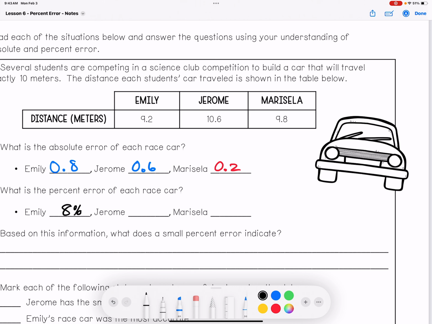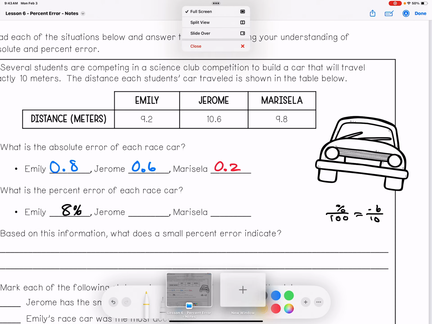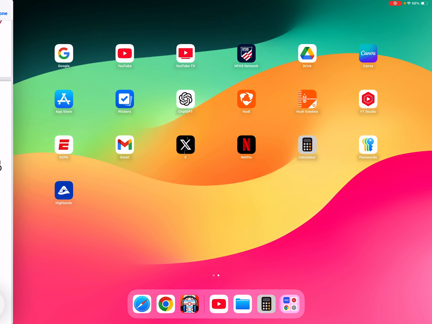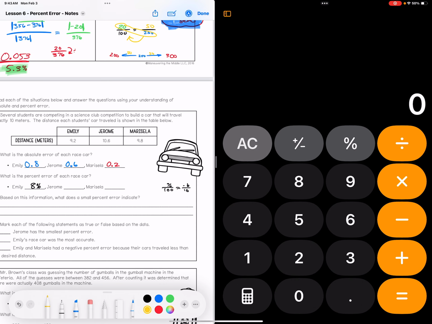The next one, you would have done the same thing. 0.6 over 10. And when you do all of that, I'll actually do this one correctly. You would have gotten 100 times 0.6 divided by 10, and you would have gotten 6%.